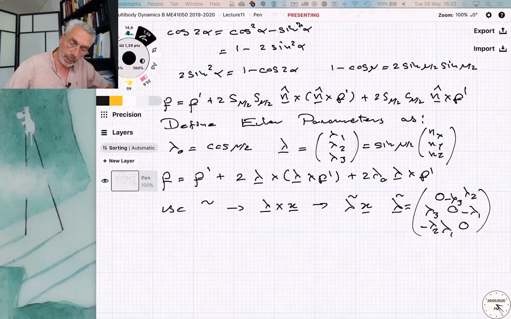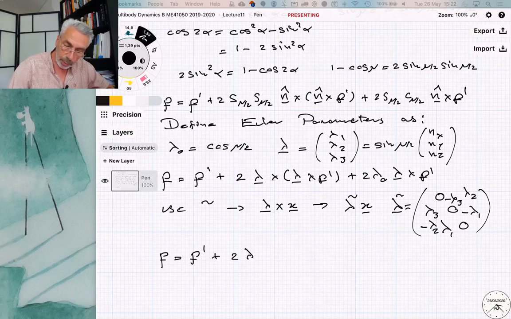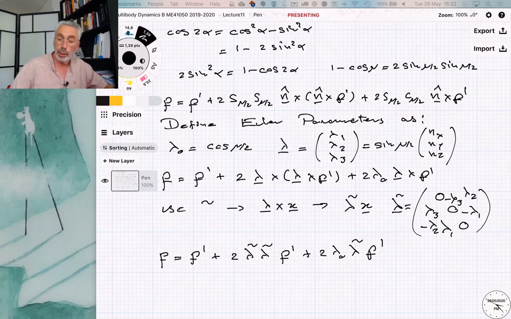If we then do that, we get rid of all the cross products and we can write it as a matrix vector expression. So we get P is P prime plus 2 times lambda tilde times this P prime plus 2 times lambda 0 lambda tilde times this P prime. And since it's now a nice matrix vector expression, it's all matrix vectors.